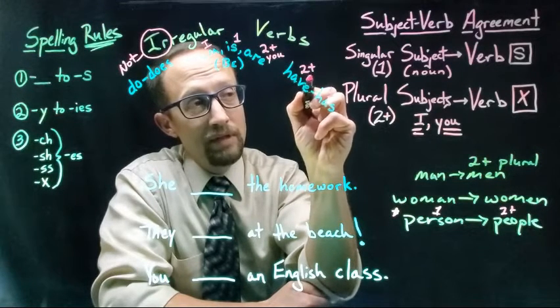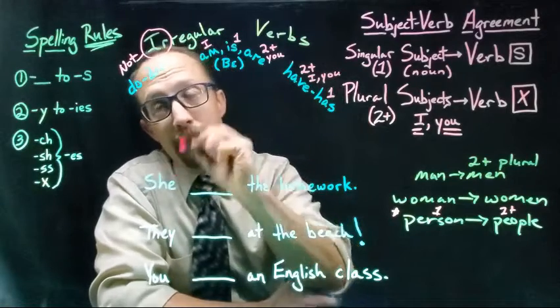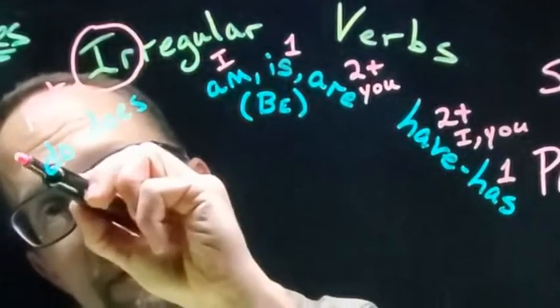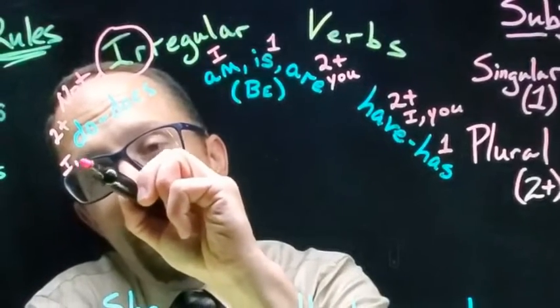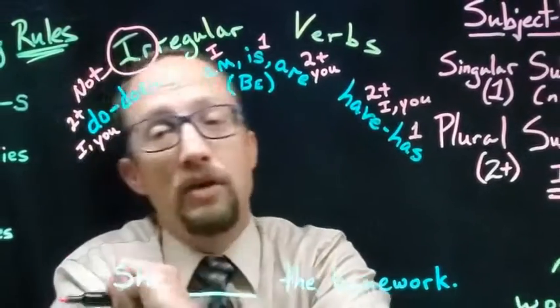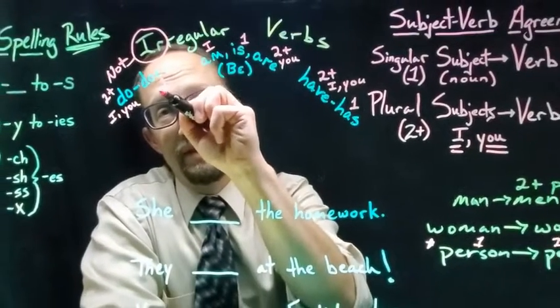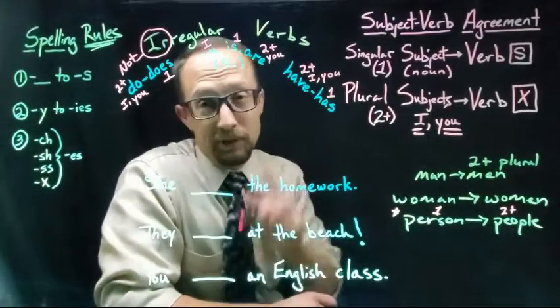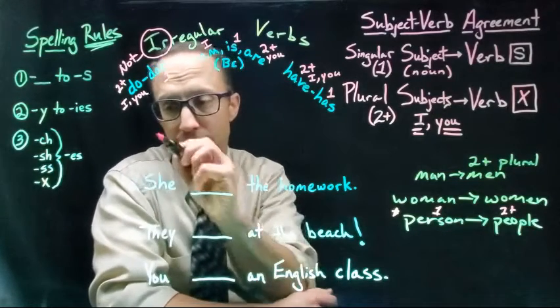Also have is I and you. Do, two or more, I and you. Does is singular, just one. So let's look at the first example.